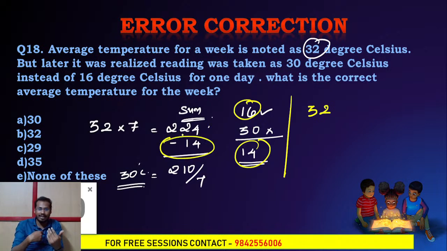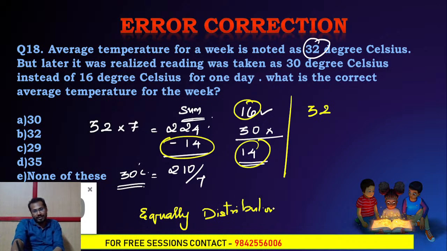Now I'm going to subtract 14 from the average itself. But average means what? Exactly, average means equal distribution. Correct? Equal distribution. I said this in the first class.